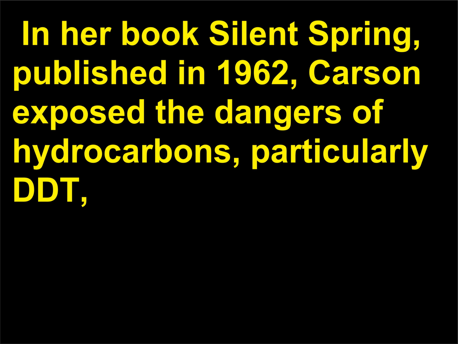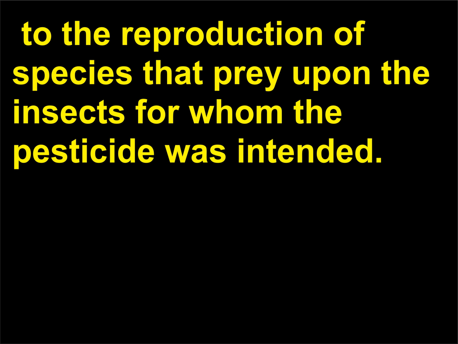In her book Silent Spring, published in 1962, Carson exposed the dangers of hydrocarbons, particularly DDT, to the reproduction of species that prey upon the insects for whom the pesticide was intended.